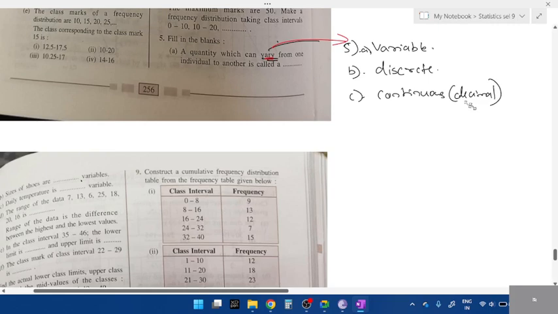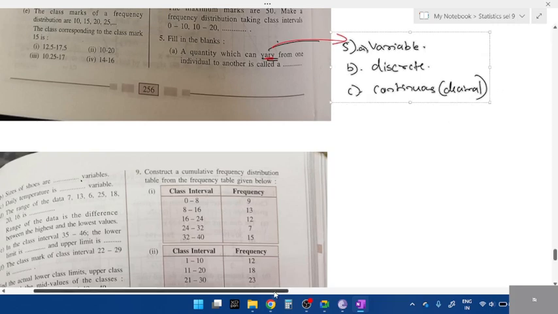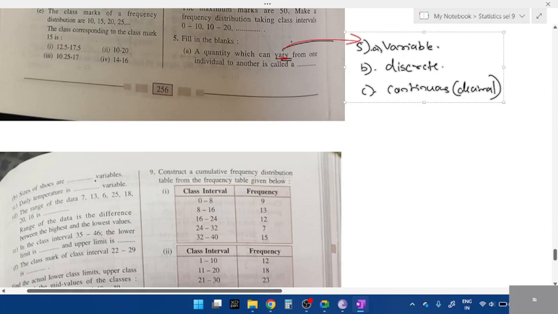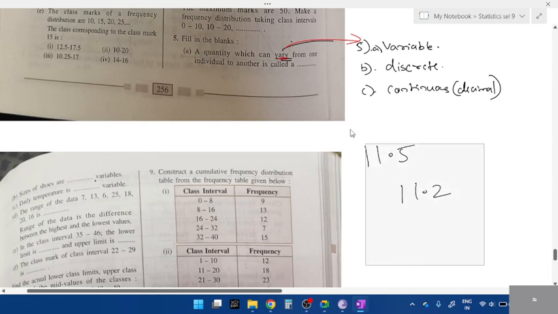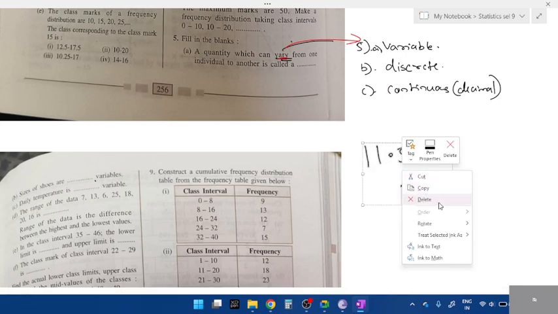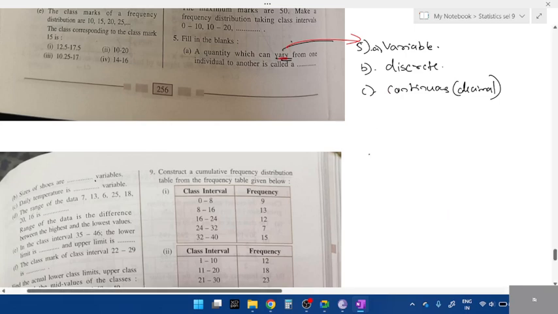What about weight? Your weight can have decimals, right? That is how you have to think. What about your age? Discrete. Will you tell someone I'm 11.5 years old? You can't say 11.3. You can't say I'm 20.2 years old, right?